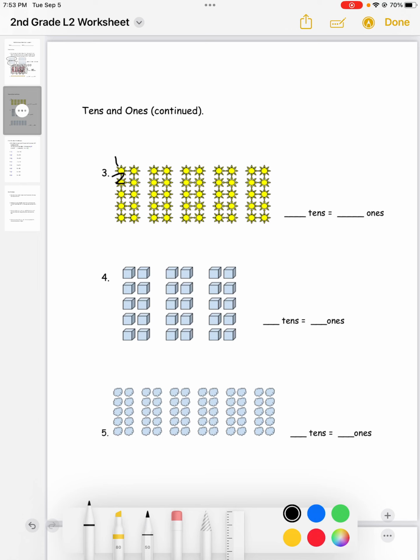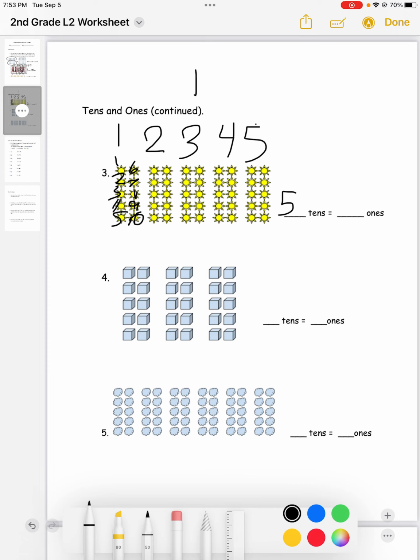So there are 1, 2, 3, 4, 5, 6, 7, 8, 9, 10. Since these groups of suns all look identical to each other, we know that they all have tens. So there's first 1 group, then 2 groups, then 3 groups, then 4 groups, then 5 groups. So now we know that there are 5 tens.